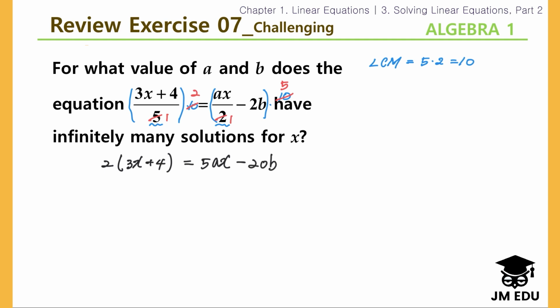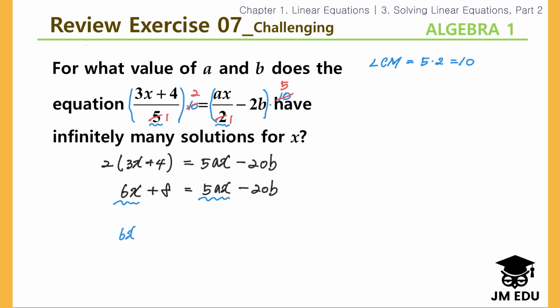So left hand side, 2 times 3x, 6x. 2 times 4, that's 8, is equal to 5ax minus 20b, right? So we have 6x on the left hand side, 5ax on the right hand side. They must be equal to each other, right? So let me write it right over here.